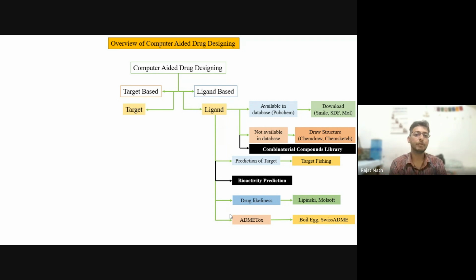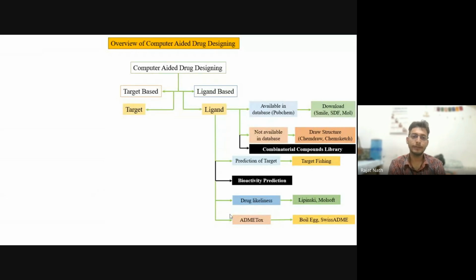Then when it comes to target-based drug designing, in target-based drug designing we are working on a particular type of disease. Let us consider you are working with cancer. So as you are working on cancer, you know which target you are trying to inhibit by your drug compound.